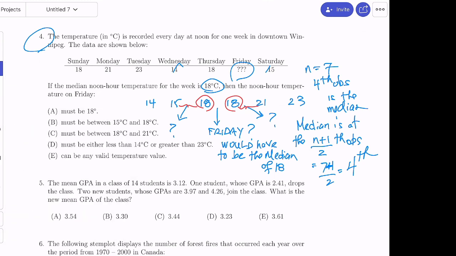That would still let 18 be the median. Any of those values would. And same for here, on this side, on the right side. If it was anywhere in there, the median could still be 18. All right, so what is the answer? Am I convincing you?